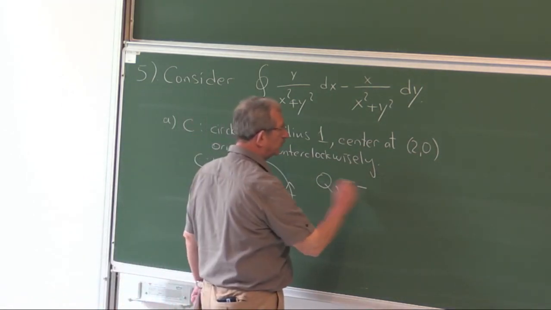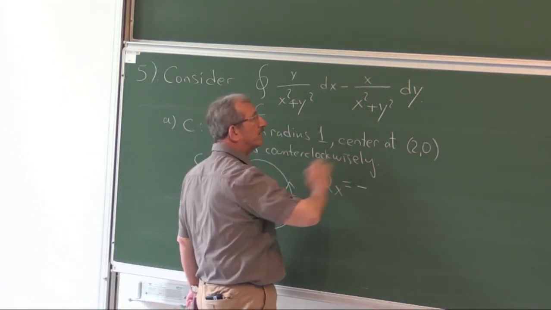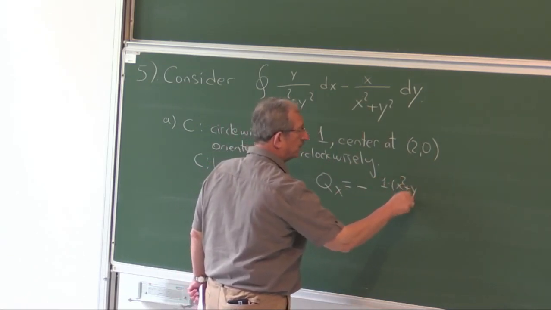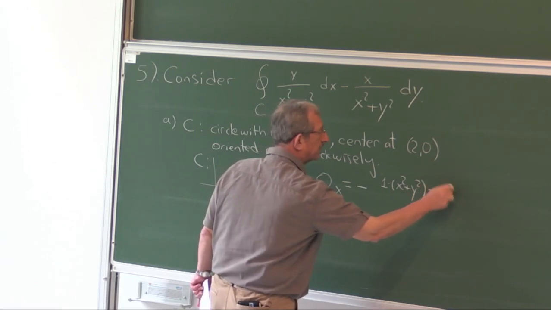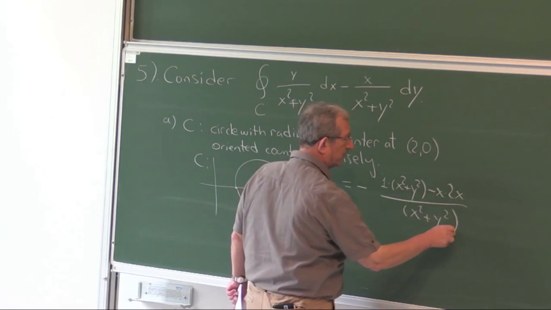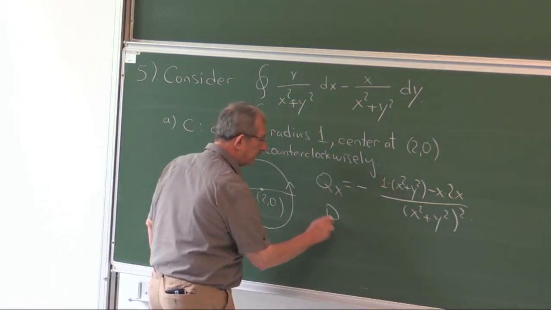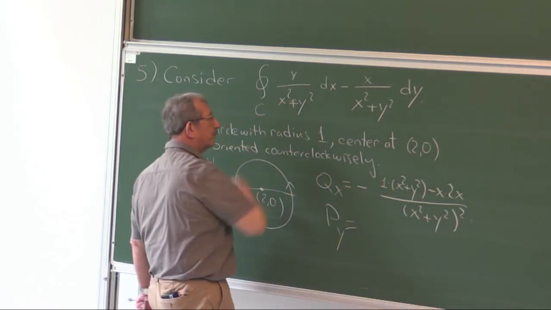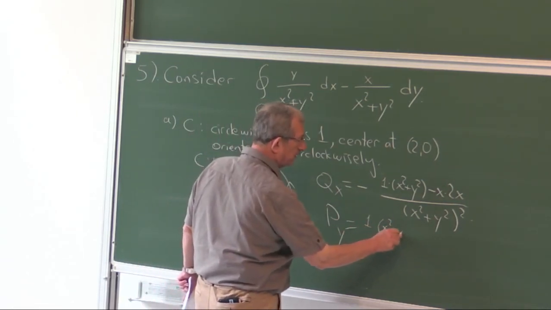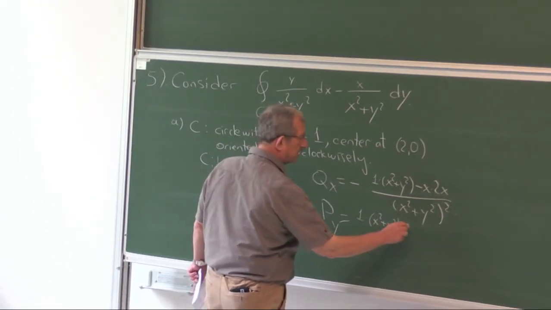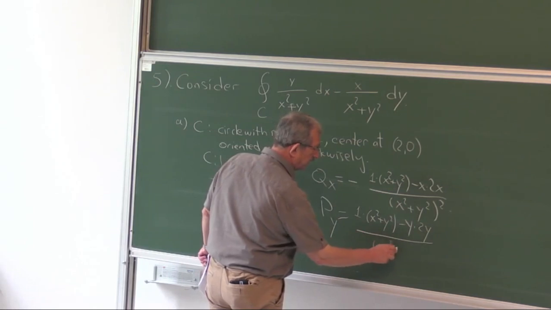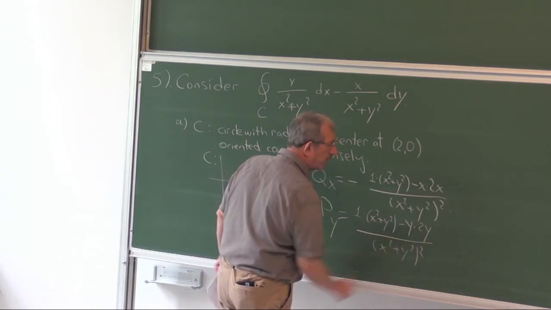Here, of course, Q sub x will be, forgetting the minus, 1 times x squared plus y squared, minus x times 2x, divided by x squared plus y squared squared, and P sub y would be 1 times x squared plus y squared, minus y times 2y, divided by x squared plus y squared squared.